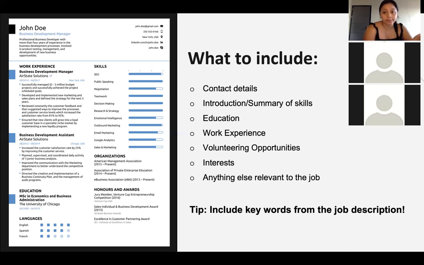For example, this person here has an introduction instead of a summary of qualifications, but sometimes you will do a summary of qualifications too, which is basically putting in some skills that you have in bullet points, but diving a little bit into it.